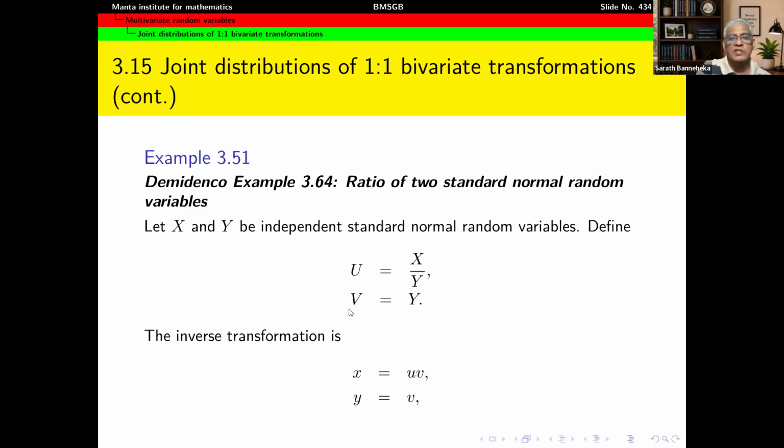So I have selected here v equal to y, then actually we can write down x. So y will be a very simple function of u and v, and x also can be written very easily as u times v in that case. So the inverse transformation is x equal to u times v and y equal to v.